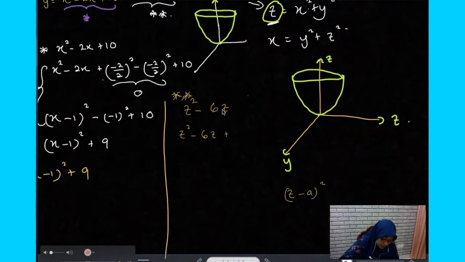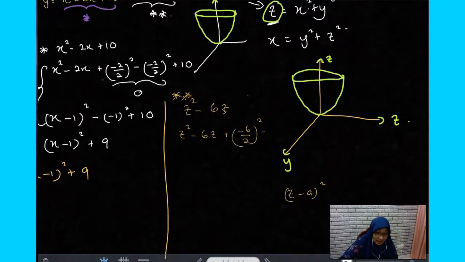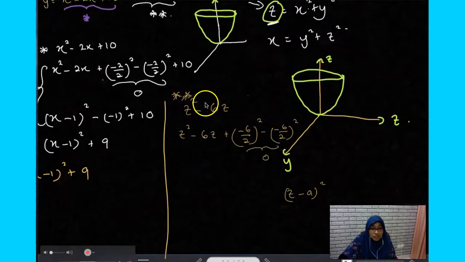So plus minus 6 divided by 2 squared, and then minus back the similar term so that you will get 0, right? So negative 6 divided by 2 squared. And as you can see, this one, the answer will be 0, which means that you don't change the original expression. So now you factorize.